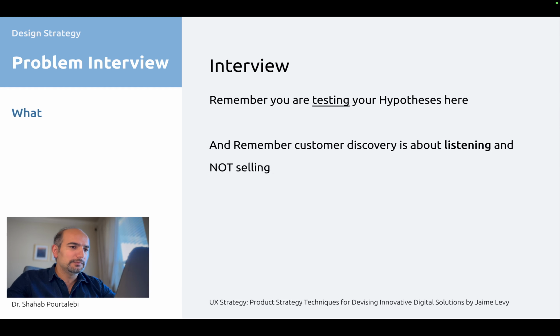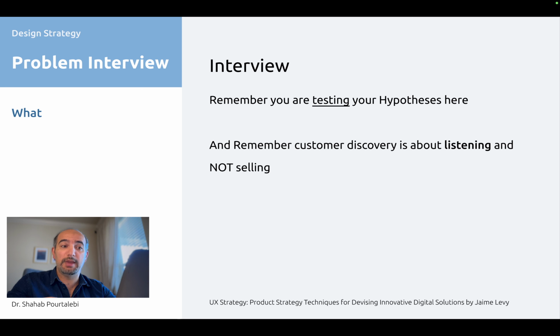Then it comes to the second part, the interview part. When we write down those questions and when we talk with those people, we need to make sure that we are not biased by this project.